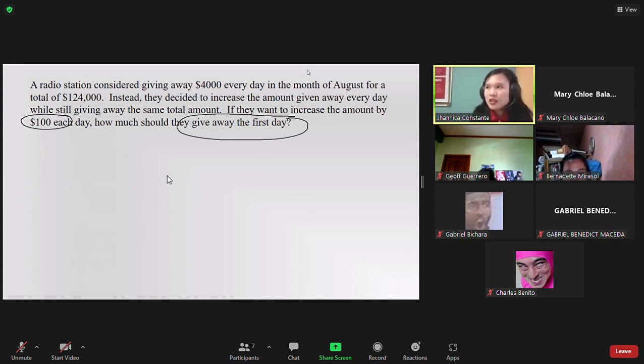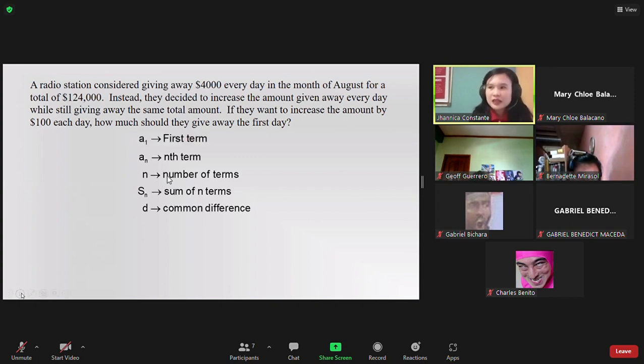So since we're solving for the first day, the first day stands for the first term. First term is what we are solving here in this problem. And the number of terms will stand for the number of days in the month of August. Ilang days ba meron ang August? How many days does August have?